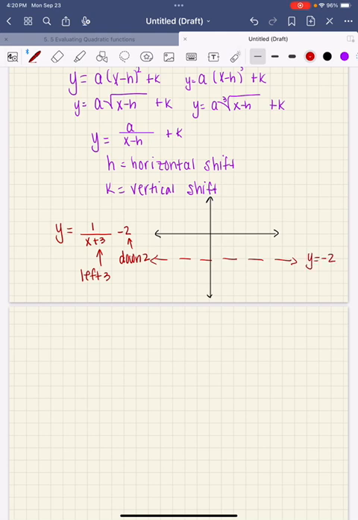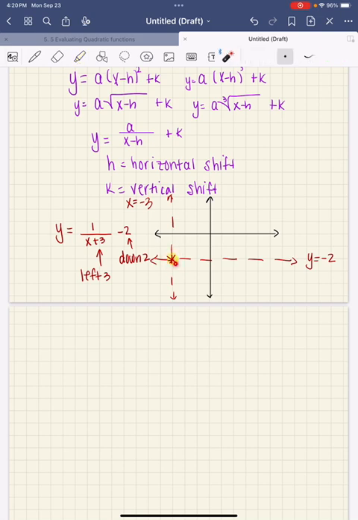And left 3, I'm going to have a vertical asymptote at x equals -3. And so my new origin, let me just highlight it, is this point right here. This is my new origin.